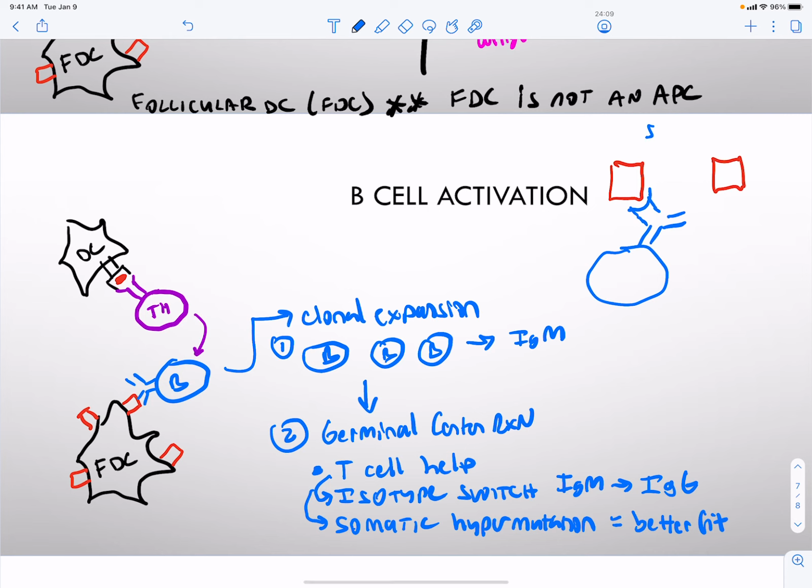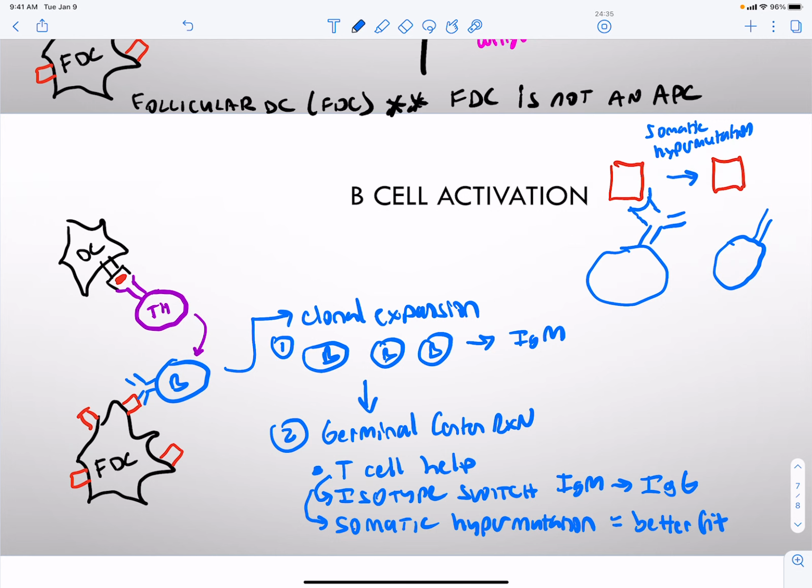After somatic hypermutation, in which the B cell does small base pair changes in its variable region, you now will get a B cell with a B cell receptor on its surface. I'm drawing it too far away.